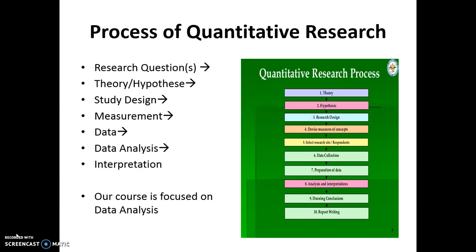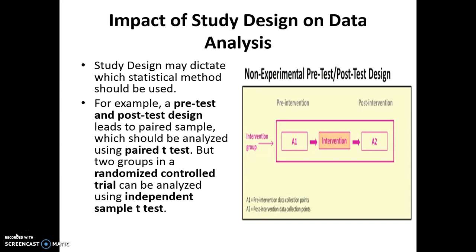Our class here is really focused on data analysis. So it is just one part of the process of quantitative research, and you should keep this in mind. It's not a single activity.